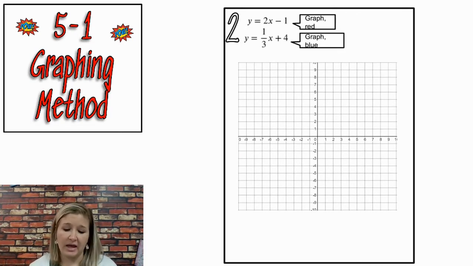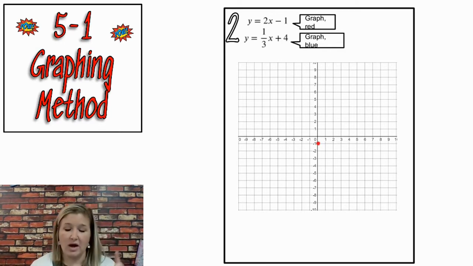We have the equation y equals 2x minus 1. We're going to graph that in red, and then we're going to graph y equals 1/3 x plus 4. We're going to have to recall how to graph equations. We'll start with our red line first. Our red line is going to start at -1.